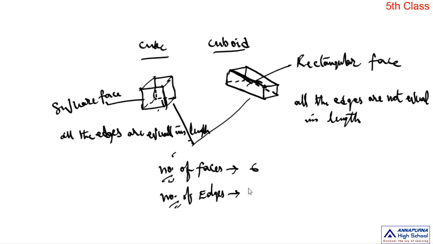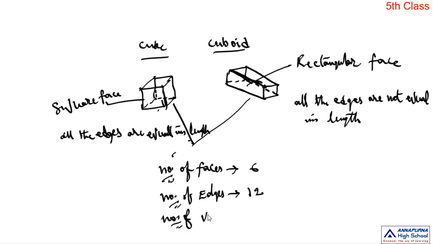There are 12. Come to the cuboid. Cuboid also: 1, 2, 3, 4, 5, 6, 7, 8, 9, 10, 11, 12. The same number of edges.